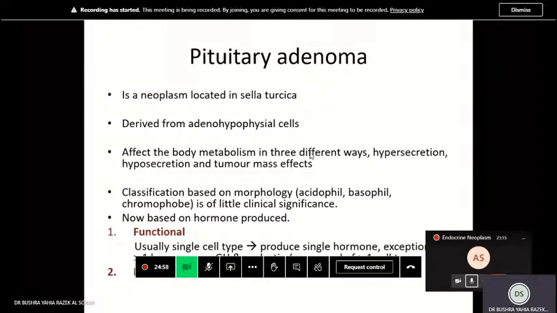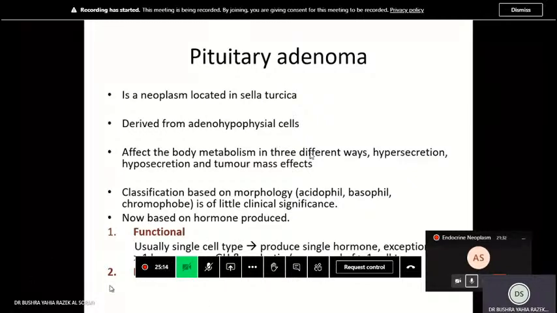So they are composed of two different cells, and we call them functioning and non-functioning. Functioning means they secrete hormones, so there is hypersecretion, so it can cause clinical manifestations.